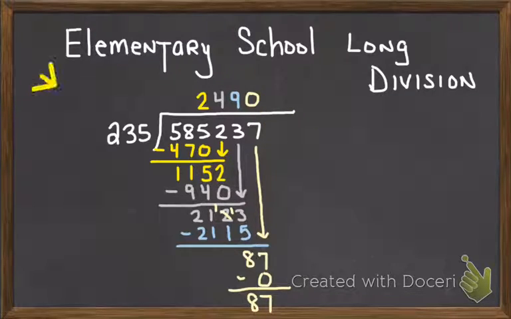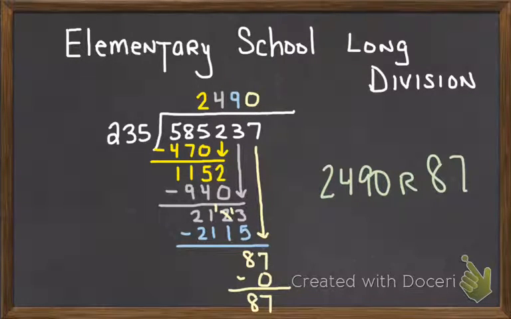What is the 235 called? Do you remember what any of these words are? Do you remember what they mean? Or how do I write my answer? I'm guessing in elementary school what you did is 2,490 with a remainder of 87.